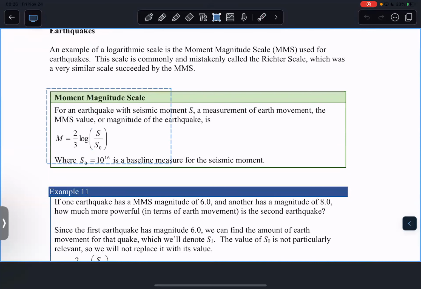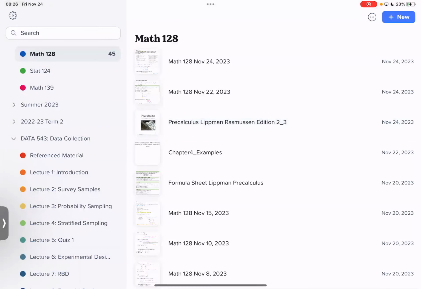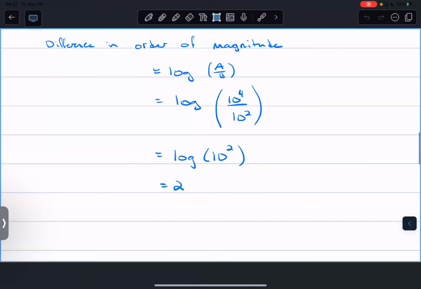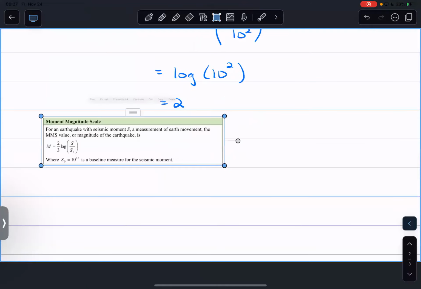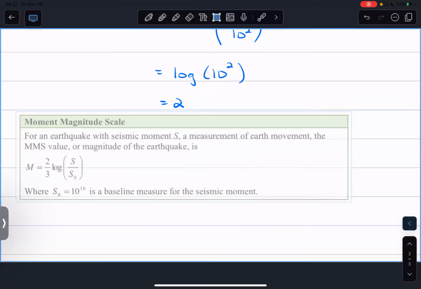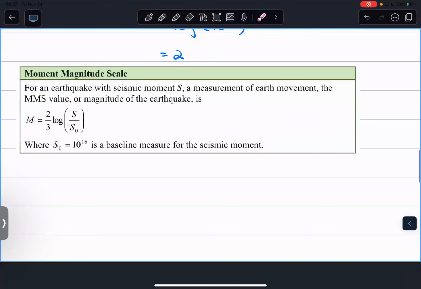So one of the scales that we're going to talk about is the moment magnitude scale, which I guess is very similar to the Richter scale, except it uses something else. So similar, but not. For an earthquake with seismic moment S, here's your S, a measurement of earth movement. So that's what it measures instead of, I don't know what the Richter scale measures.